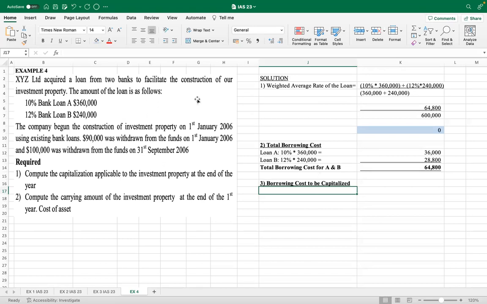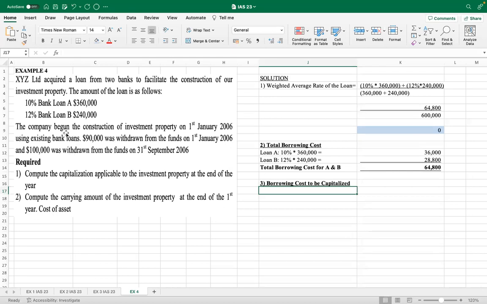When you want to calculate the borrowing cost to be capitalized, when there is an average interest rate, you read this information here.